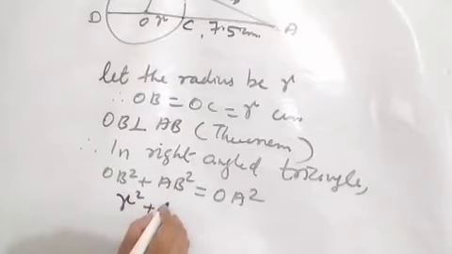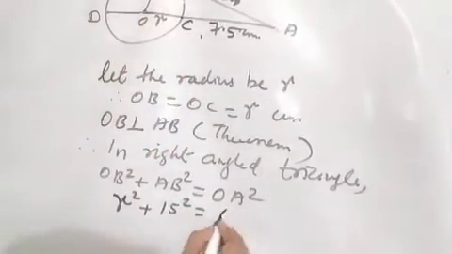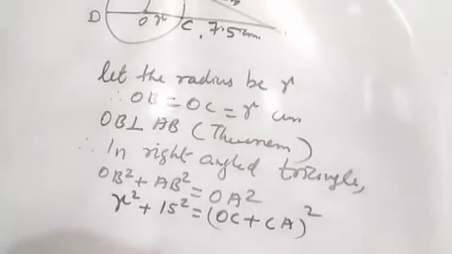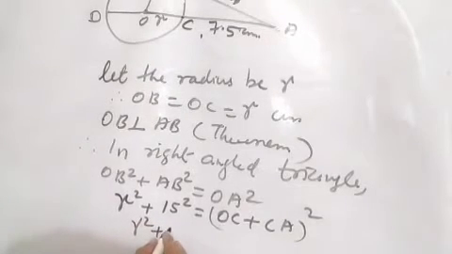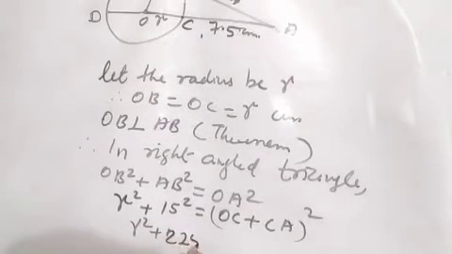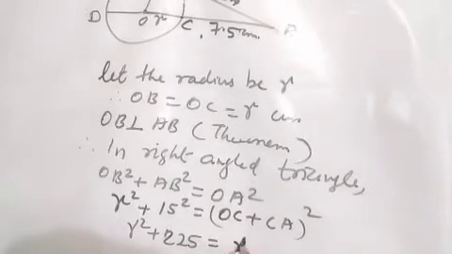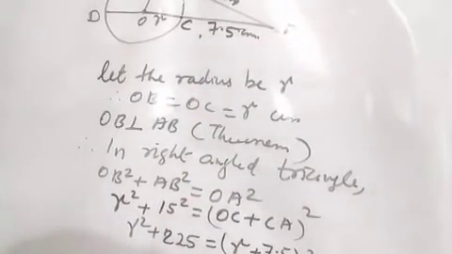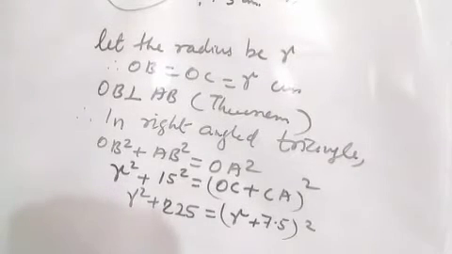R square plus 15 square equal to OA. OA means the sum of OC and CA, the whole square. That is R square plus 15 square. What is the square of 15? 225. 15 into 15. OC, that is R. R plus AC, 7.5 square. So right side is the expansion of A plus B the whole square.